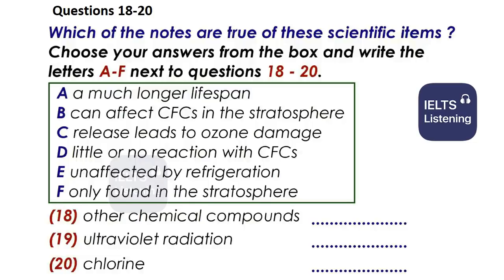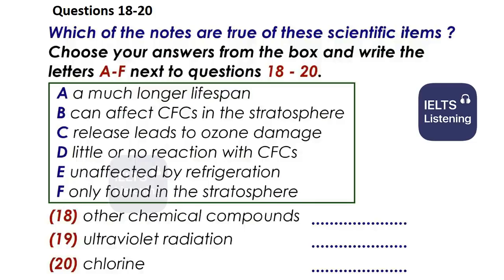So why exactly are CFCs so harmful? One of the reasons CFCs were so popular in the production of solvents and refrigeration coolants is that they are unreactive. That is, they don't react easily or at all with other chemical compounds. It's this property, however, that also makes them dangerous. Because they are unreactive, it's very difficult for them to be broken down.